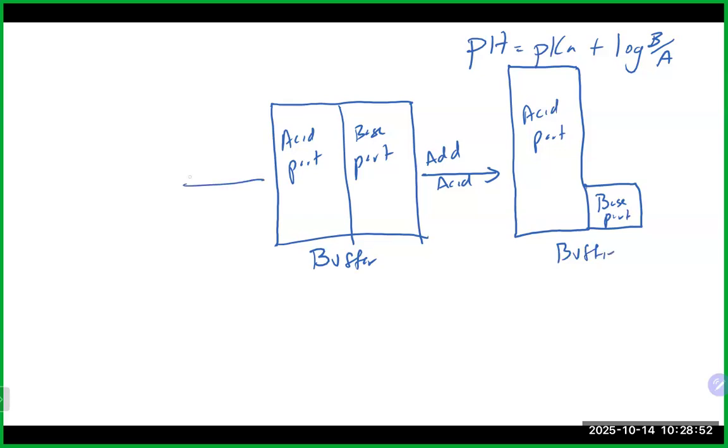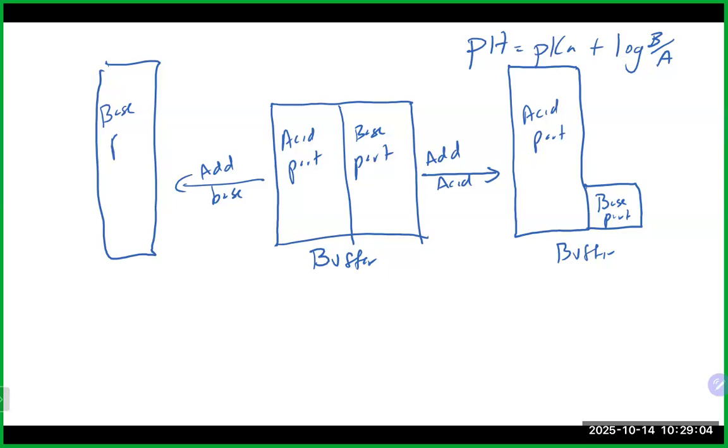And same thing, if you add base to your buffer, additional base, it will react with the acid part, and, dramatically drawn here, it will increase the base part of your buffer and decrease the acid part of your buffer. So again, it typically will use up part of the buffer in the reaction, but always it will make the other part of the buffer as a result of that reaction. So like I said, you use part of it up, but then make the other part of the buffer as a result of that reaction.